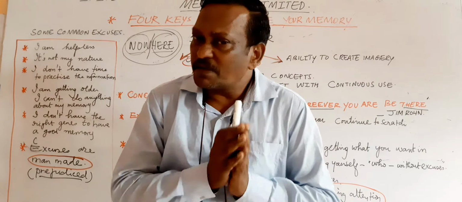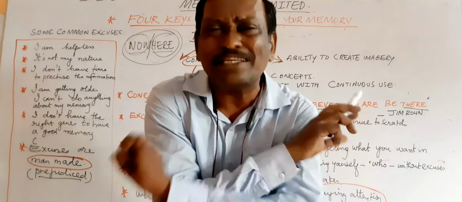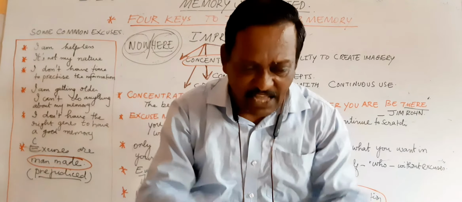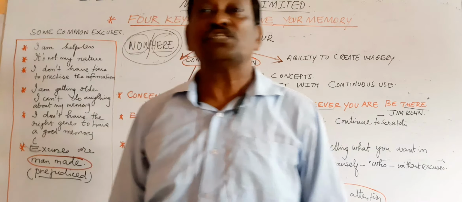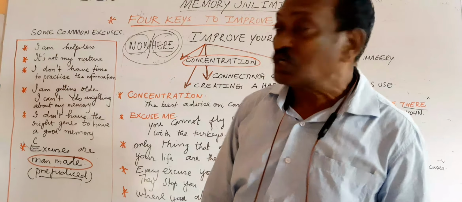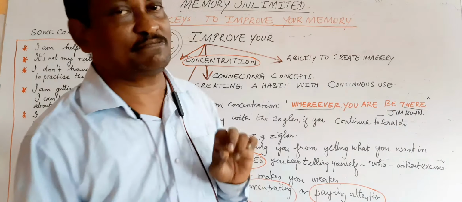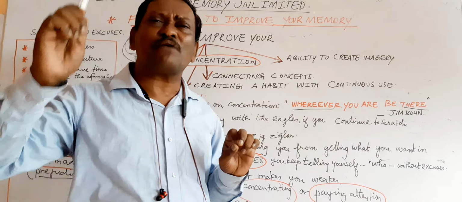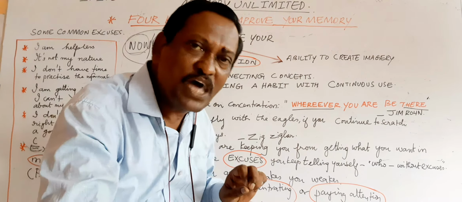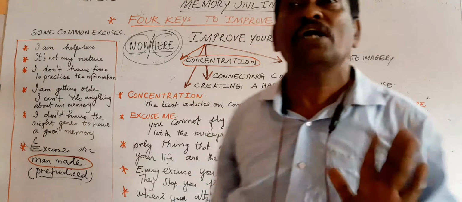A saint is a person who focuses on what he does and forgets everything else except the thing or the action that he is performing or the job he is doing. So that exactly is the secret of concentration. You are blind to everything else around you except the job that you are doing. Remember the word nowhere.